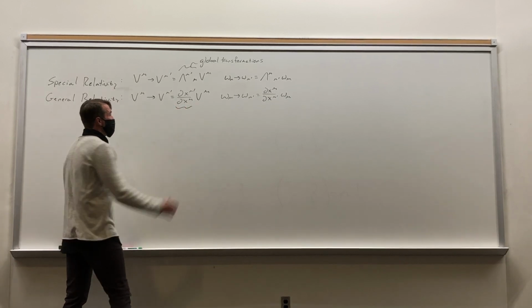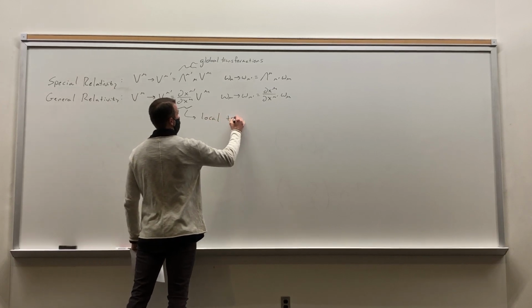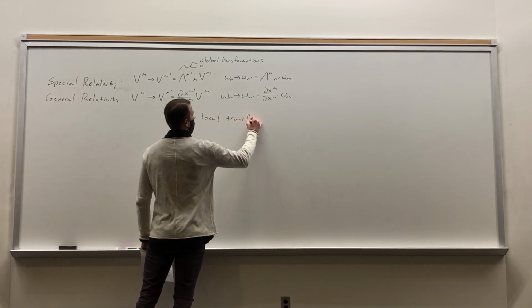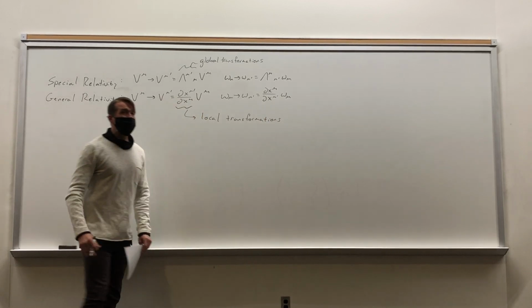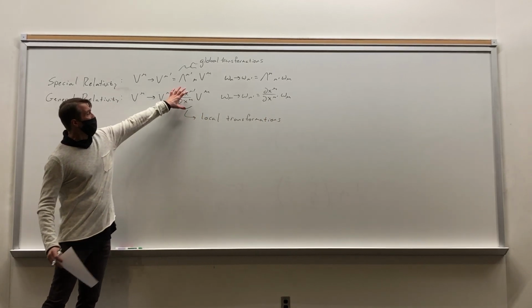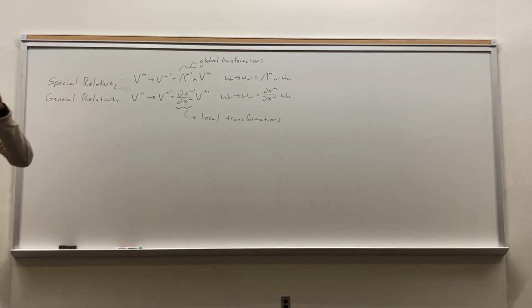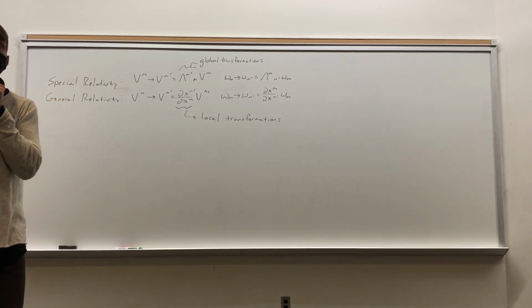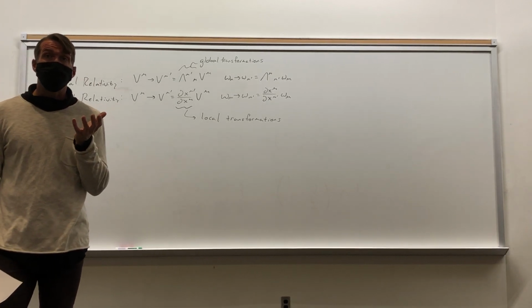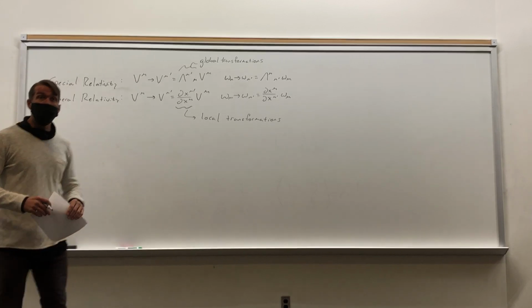These, on the other hand, are local transformations. What that means is that this transformation matrix can actually have functions in it, which differ based on where you are. They're functions of your space-time position. Okay?